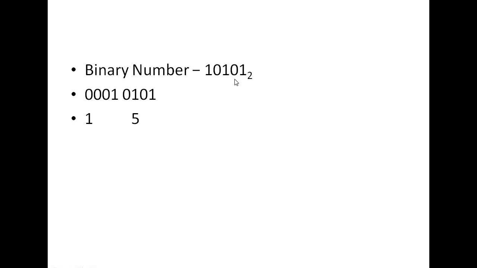So first starting from right to left: 1010. Then only one number is there, 1. So add 3 zeros on the left: 0001, 0101. This is considered as 1 and this is considered as 5.